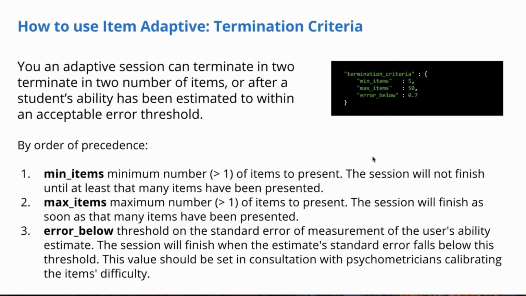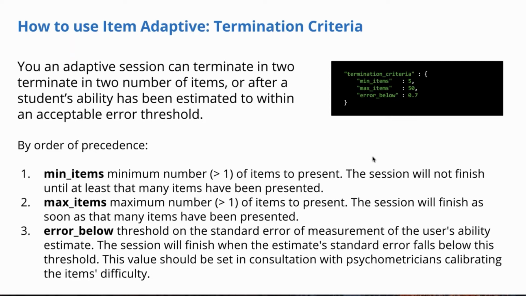So by order of precedence, we'll start with a minimum number of items. We must, in this case, show 5 items. If 5 items are shown, we then have a second criteria that says, well, assuming that they're all over the place and nothing is working as expected, we're going to terminate after the student has seen 50 items.